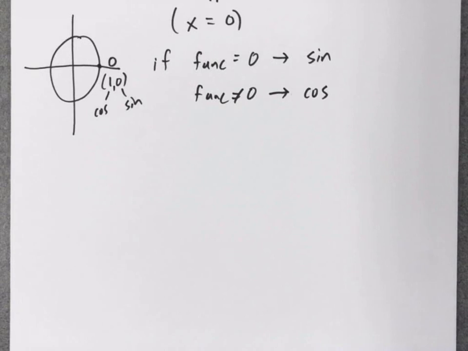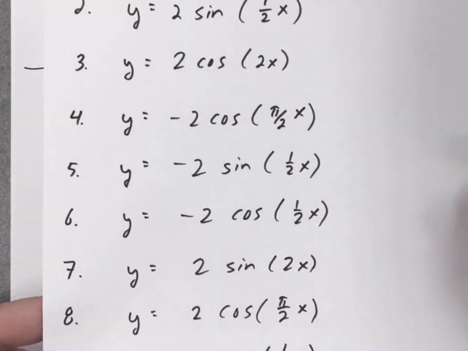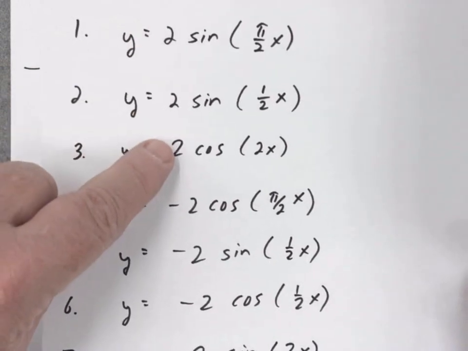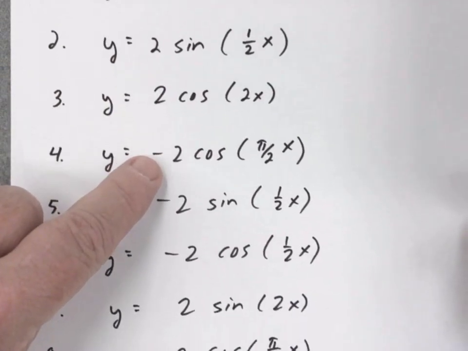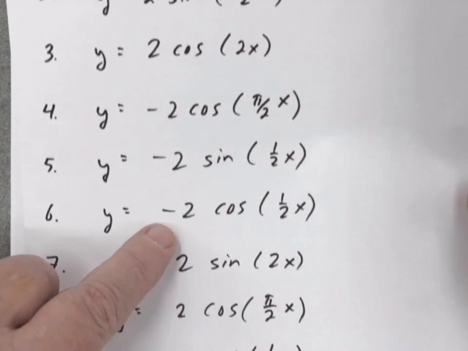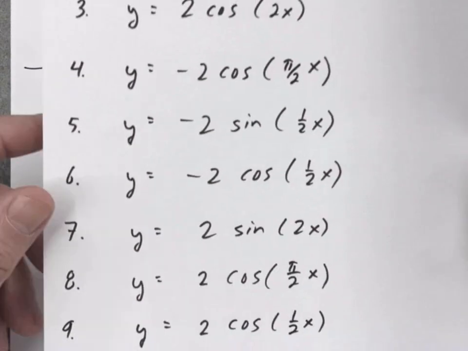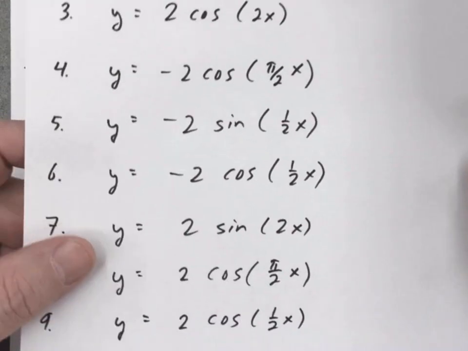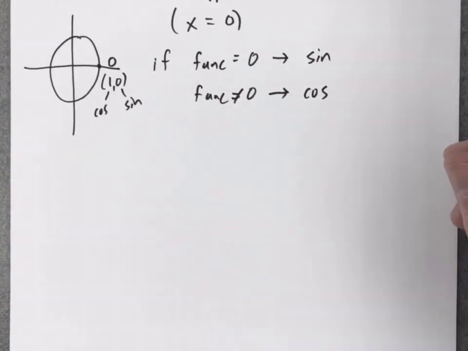That's very straightforward. But the key thing I want you to see is that some of these graphs are positive and then some have a negative sign in front. So how do we know whether we should have a positive or negative?